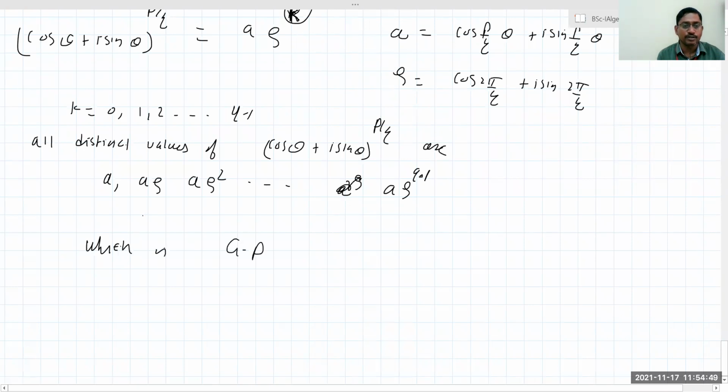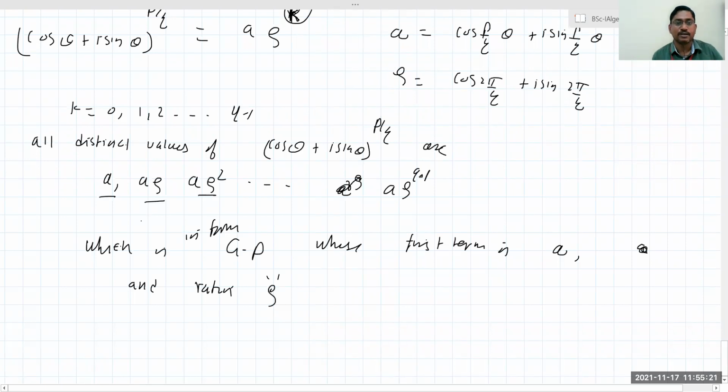This is in the form of a geometric progression, whose first term is a and last term is a rho raised to q minus 1, and the ratio is rho. Rho is the common ratio: next term divided by previous term.